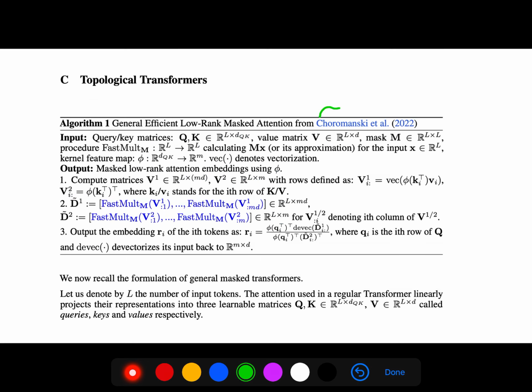This algorithm is in the Choromanski paper that I've explained in a different video. And these phi are the kernel feature maps.